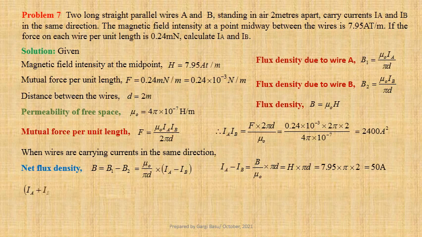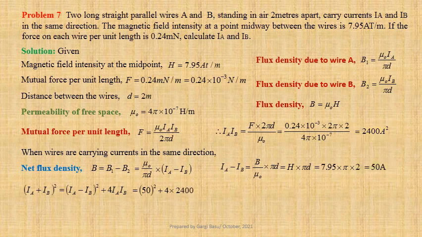IA plus IB whole square equals IA minus IB whole square plus 4 times IA into IB. Using values we get 50 square plus 4 into 2400.